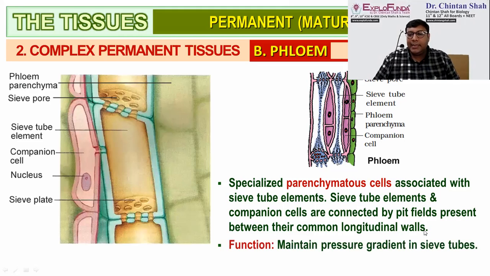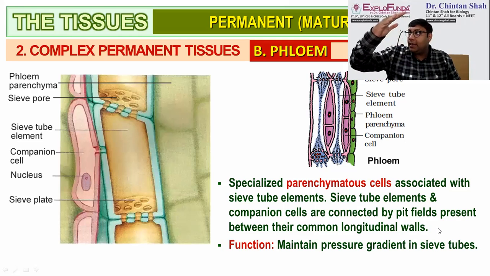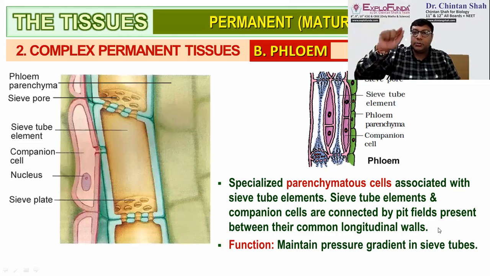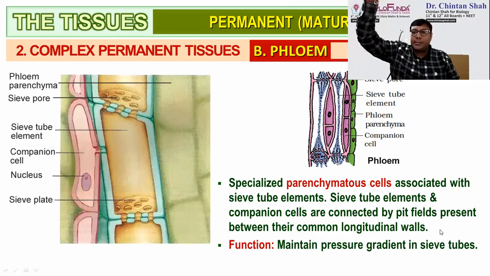Function: maintain the pressure gradient in the sieve tube. What do you mean by pressure gradient? There should be a pressure on one side, and only then will the food go to the other side. Are you getting it? Like in our buildings, there is a submersible pump and you have to switch on the motor so that the water will go upward.